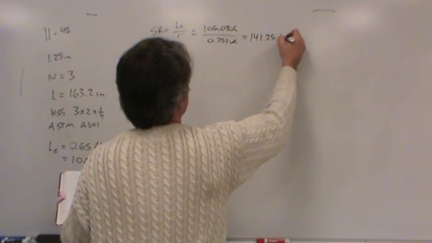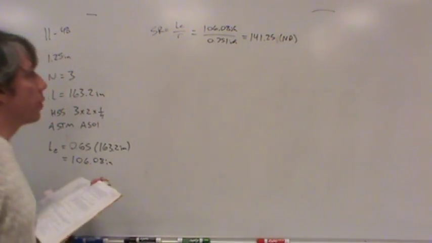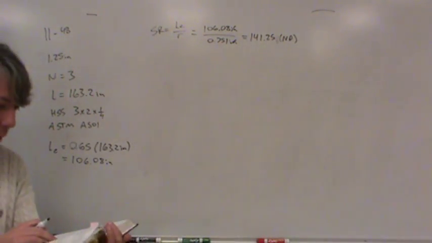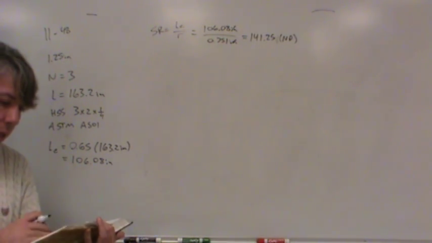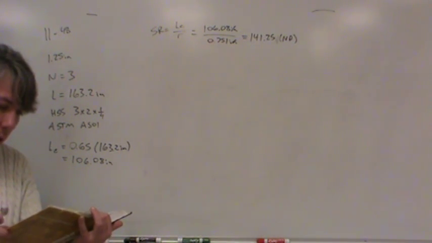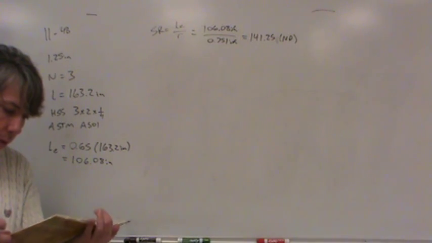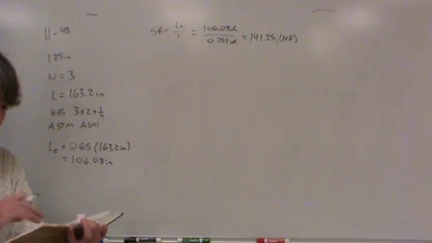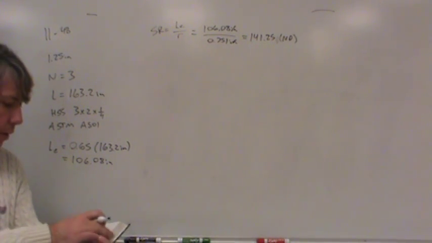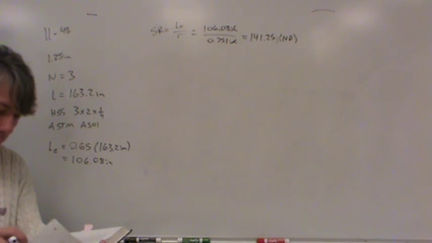Trying to write inches, this is non-dimensional. 141.25 seems reasonable, okay. Now let's calculate the critical load, and it looks like we will need the yield strength as well. We'll get all that in a minute. Let's calculate the critical load from the Euler equation.